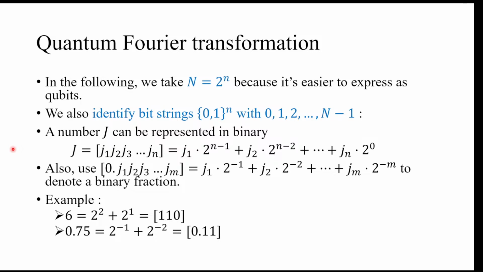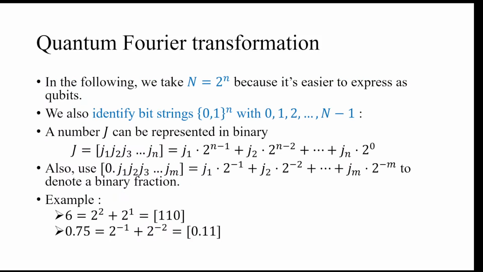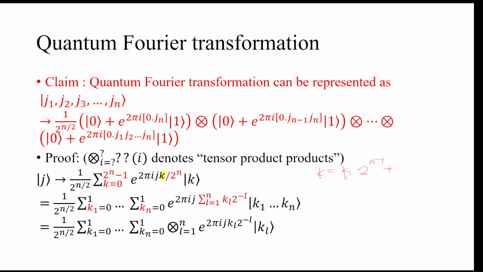Okay, so we have k. Let's write this even slower because it's quite complicated, but it's actually not too hard. So k is equal to k1 times 2 to the n minus 1, plus k2 times 2 to the n minus 2, plus dot dot dot, plus kn times 2 to the 0. If I write this dot dot dot as a summation, then we need a dummy variable for this 1 to n.